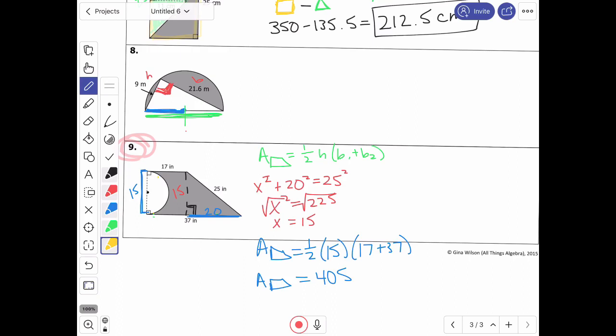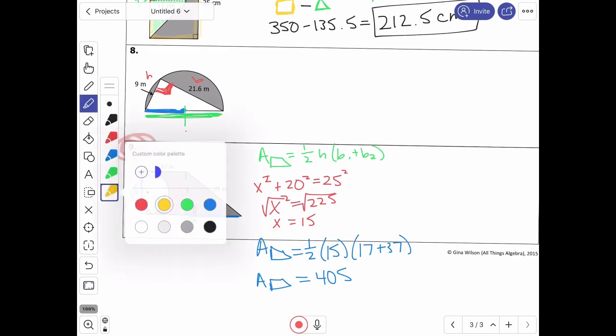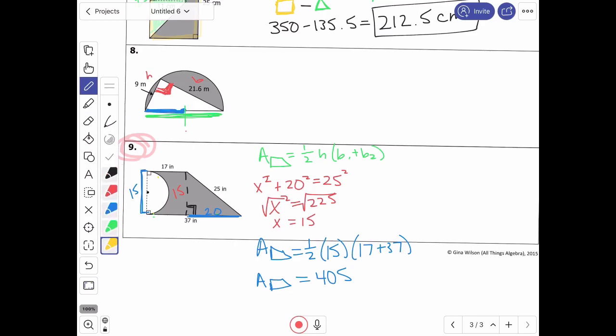All right, now just looking at the circle, the area formula of a circle is pi times r squared, but this is only half of a circle, so it's actually 1/2 pi times r squared. R is my radius, so that's just halfway from the center to the edge of the circle.